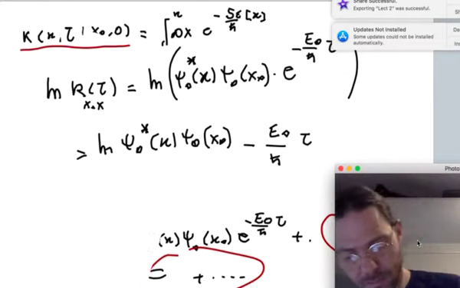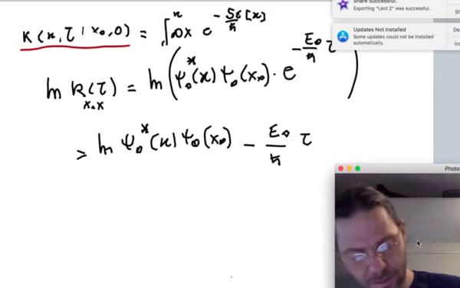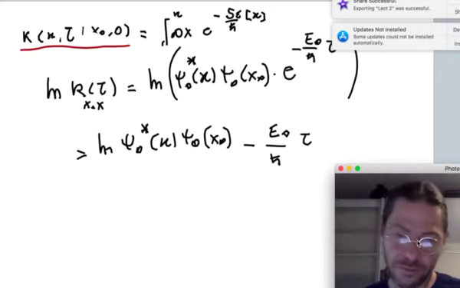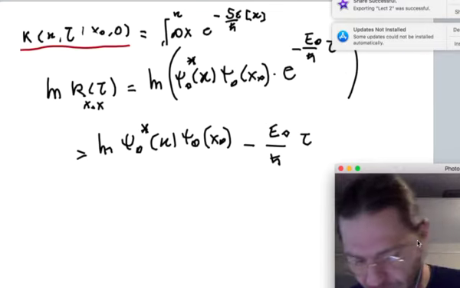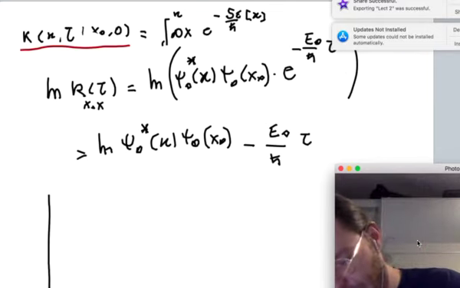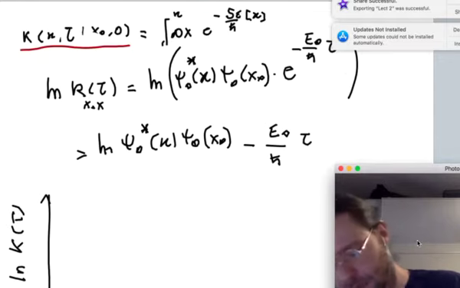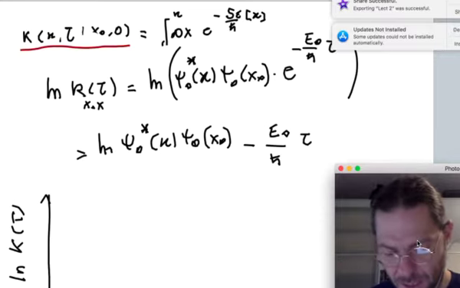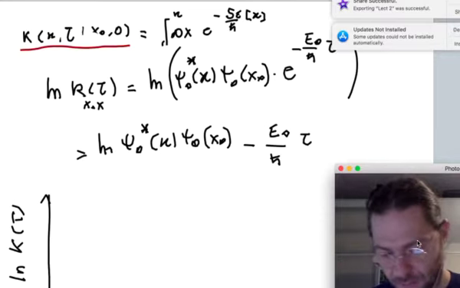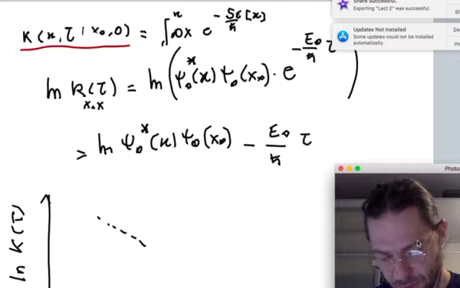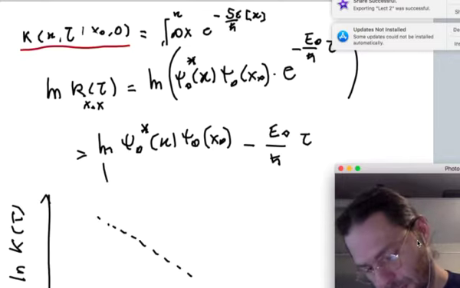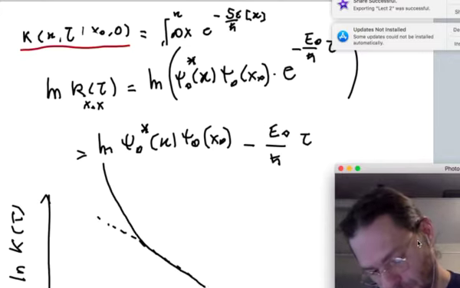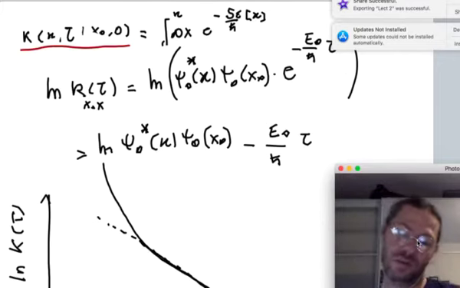Being more specific, I can plot the logarithm of k as a function of time. Typically what happens is that I have an intercept, but if I wait long enough, my logarithm of the correlation function should become a straight line.